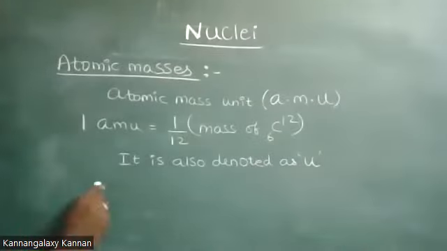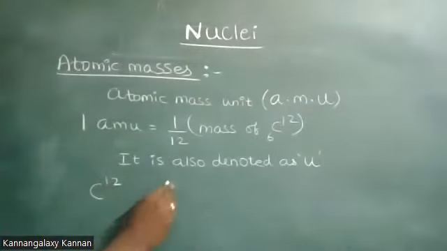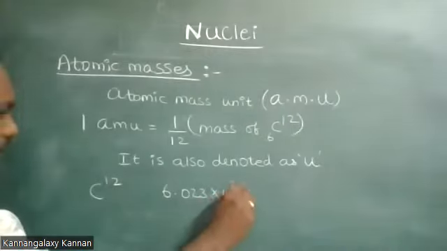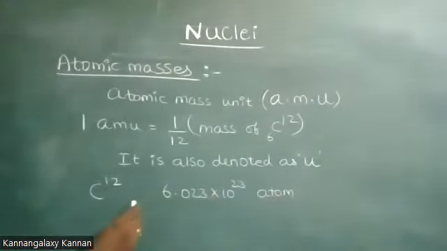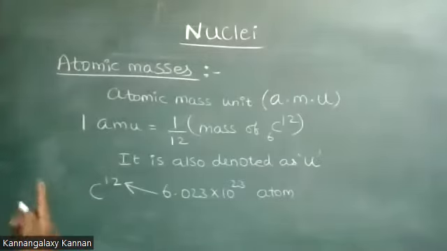See, carbon-12 means this is the mass of 6.023 × 10^23 carbon atoms. The mass of 6.023 × 10^23 carbon atoms is equal to 12 grams. Then what is the mass of one carbon atom?